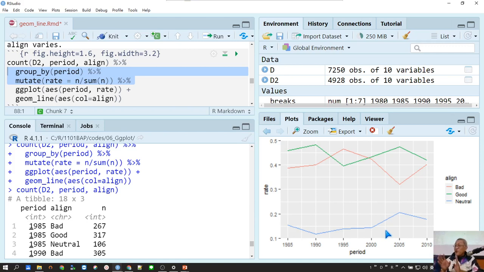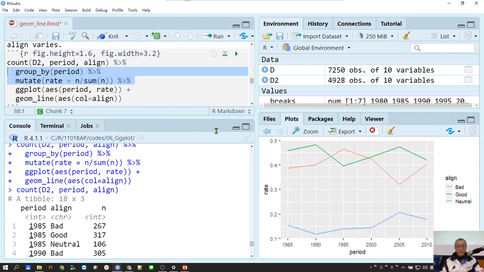Anyone? Still have questions? It's okay, right? Okay. So in one sentence, the reason that we want to transfer count into fraction is that we want to make it comparable across periods, right? Okay.